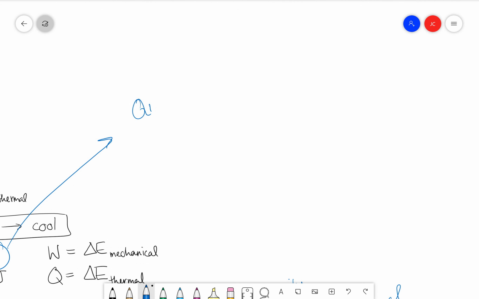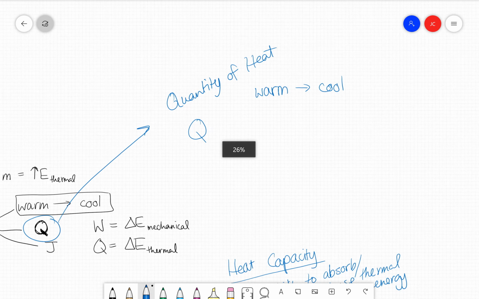Q is a measure of quantity of heat, which is literally the amount of heat, and that's all quantity means. The variable Q is the total amount of thermal energy which is transferred from warm to cool. From that warm substance to the cool substance, a total amount of thermal energy gets transferred over. That's kind of the principle of this. And the amount that physically gets transferred is Q.